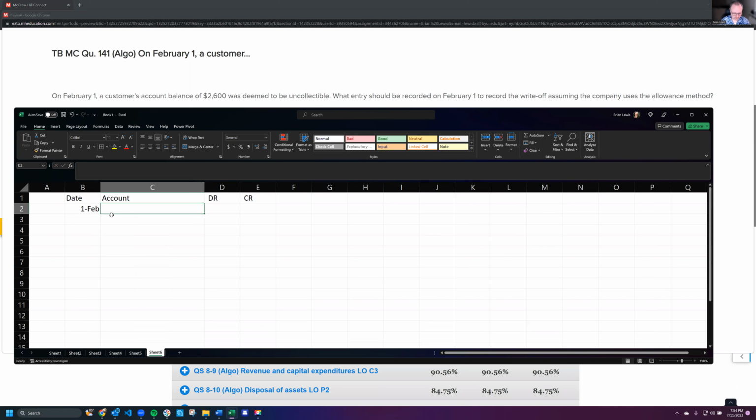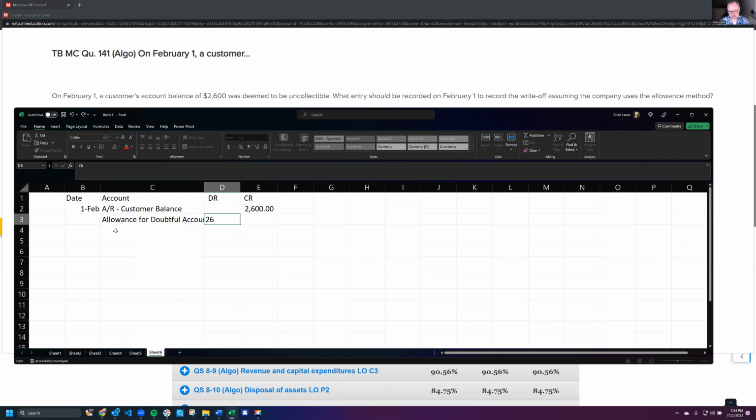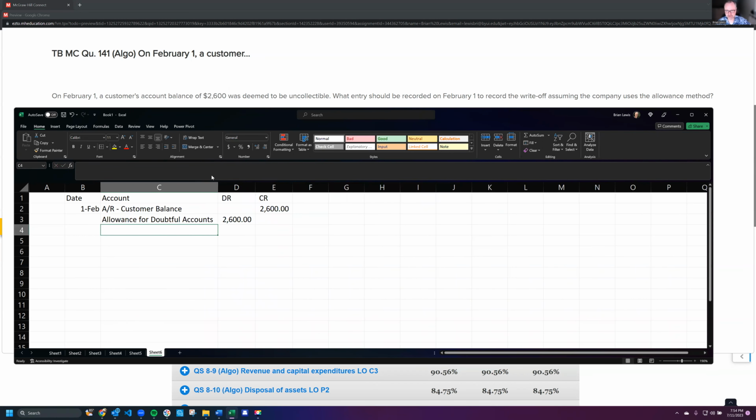So we're going to go AR for a customer balance, and that's actually going to be a $2,600 credit because we need to reduce accounts receivable. And then we're going to do allowance for doubtful accounts. Now I'm doing this not in the traditional debits first, credits second, because I'm just thinking through it. But this is what I think the journal entry would look like before I move things around.